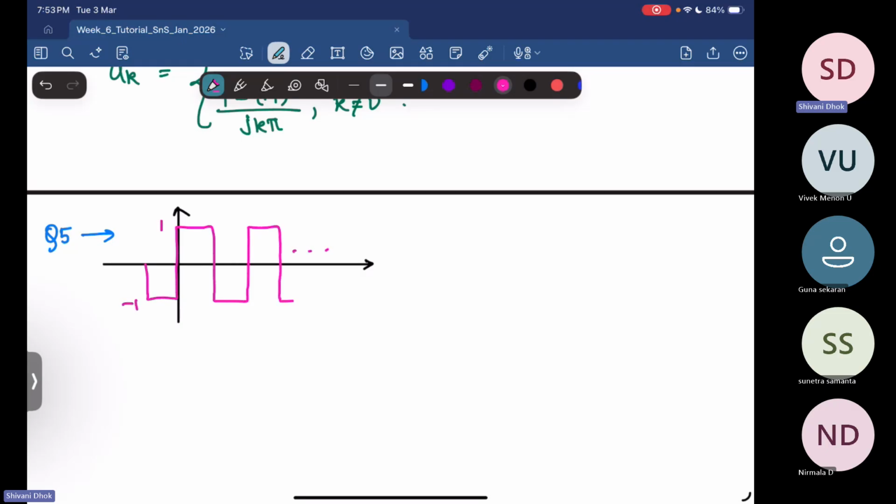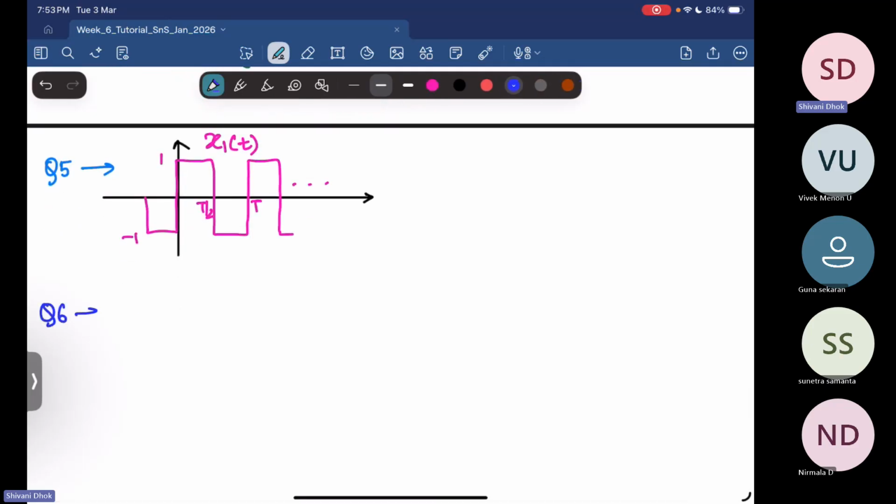So this was 1, minus 1, this was T by 2, this was T. So this was your x1 of t from question number 5. Now you got question number 6 in which you had this particular signal. So this repeats and so on either side. So you got something like this.